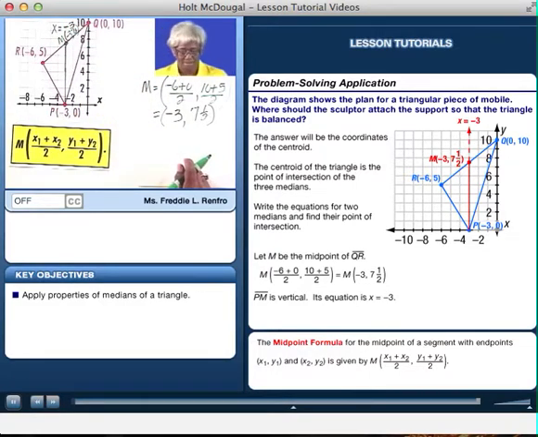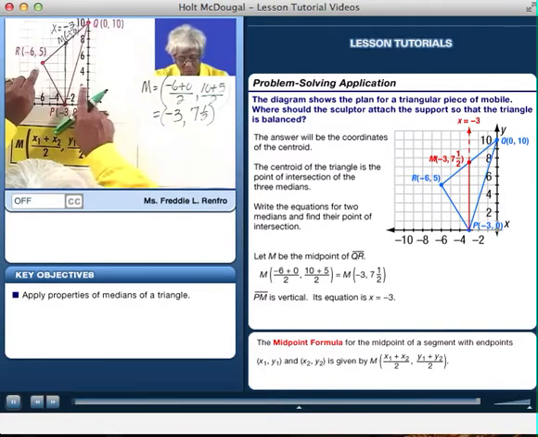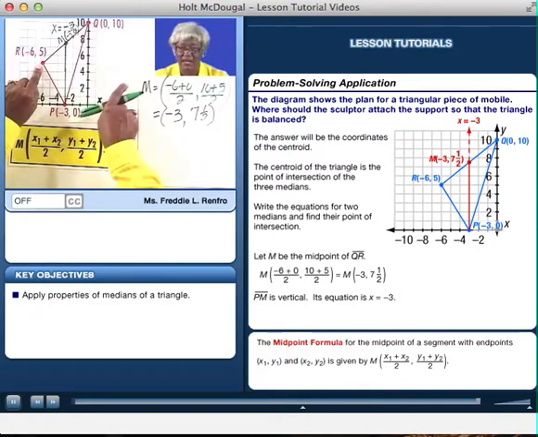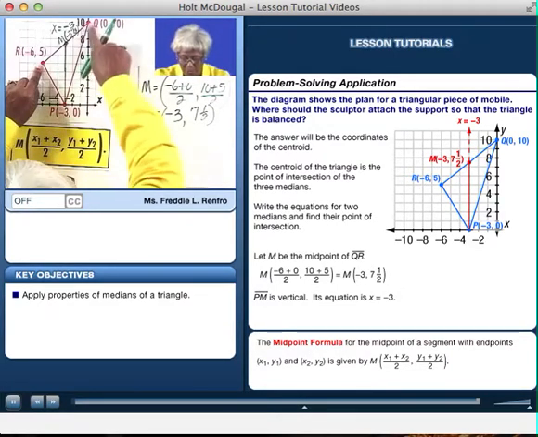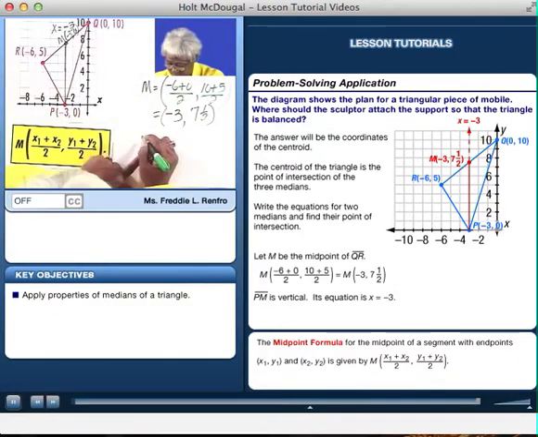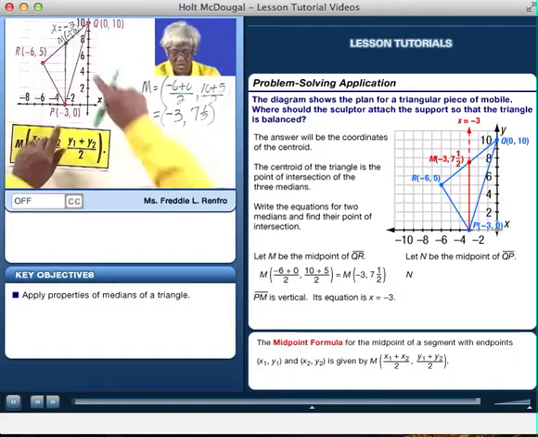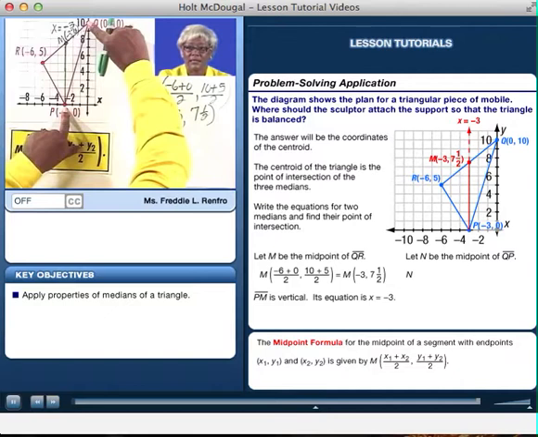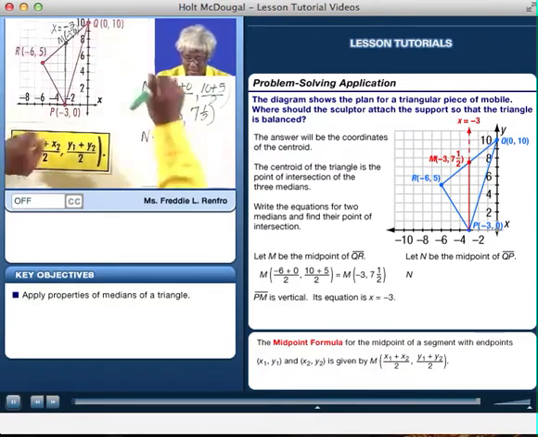Okay. Let's see if we can find another midpoint. What about if we go from point R to the midpoint of the opposite side? Somewhere there's a midpoint. I know the coordinates. Let's call that point N. I'm trying to find where the midpoint of this line segment is, and then I'll have my median.